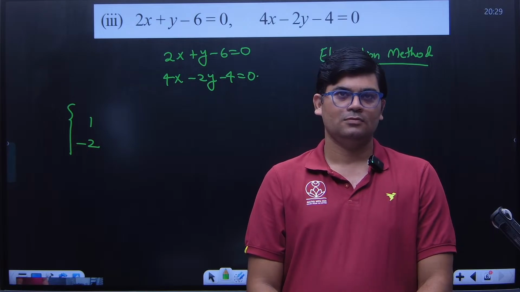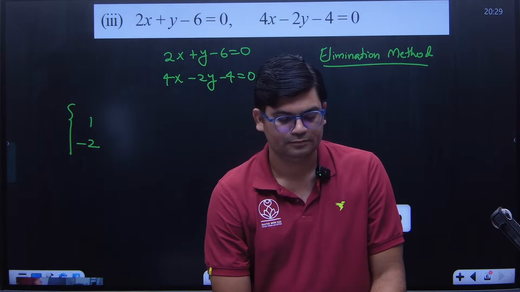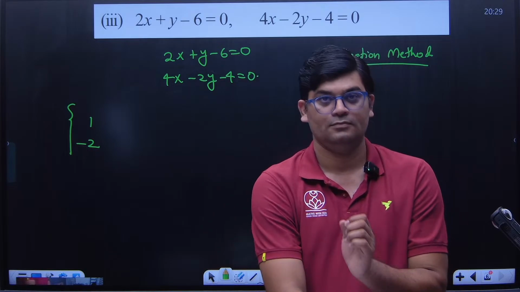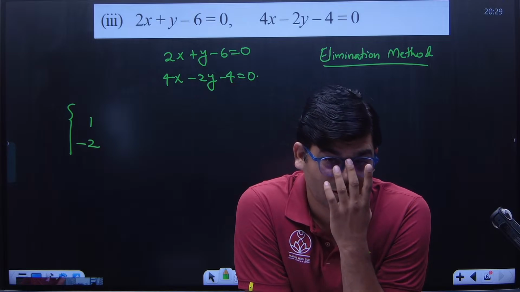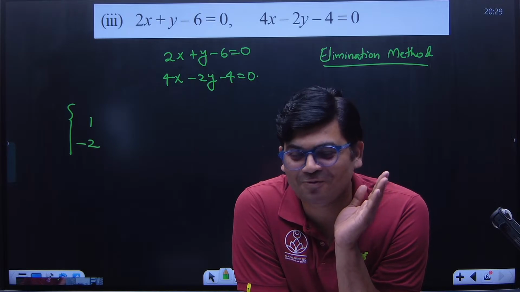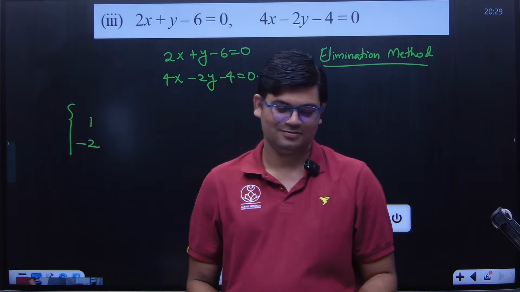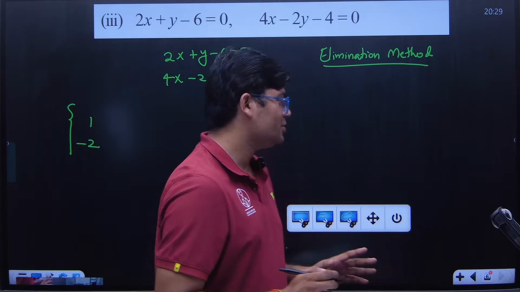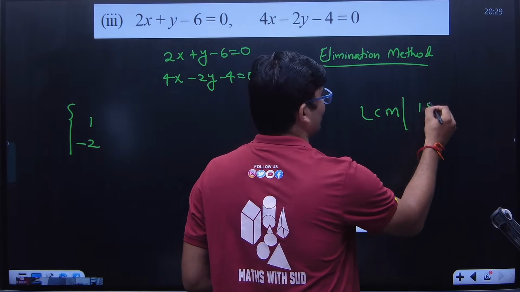Minus 1? No, multiple I am saying, not factor. Then 1? What is the lowest common multiple for 1 and 2? It's a very simple question. You know the LCM for 1 and 2.